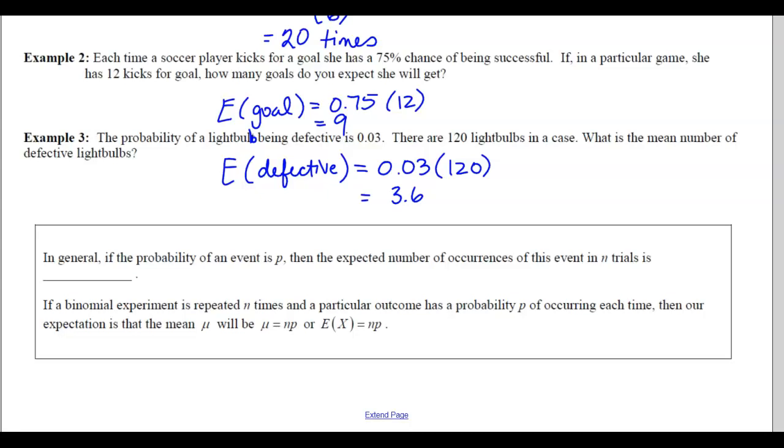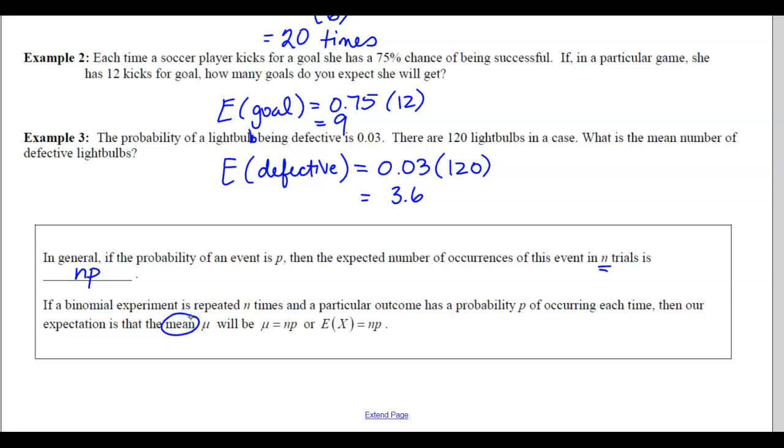So in general, if the probability of an event is P, then the expected number of occurrences for n trials will be n times P, or P times n, it doesn't matter. If a binomial experiment is repeated n times, and a particular outcome has a probability P of occurring each time, then sometimes we call this the expectation, but sometimes we call it the mean.